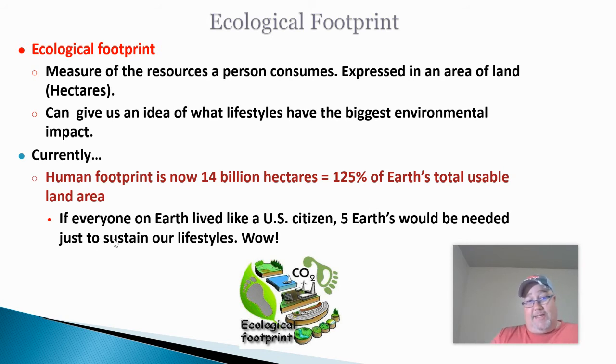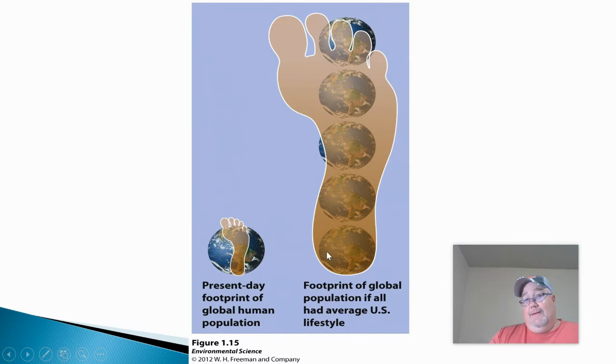This is an interesting statement. It says if everyone on Earth lived like a U.S. citizen, 5 Earths would be needed just to sustain our lives. That is kind of crazy. Luckily, not everybody on Earth lives the lifestyle of a typical American.